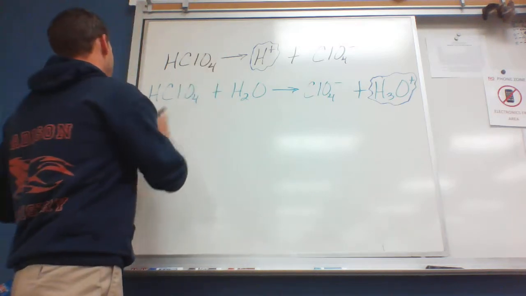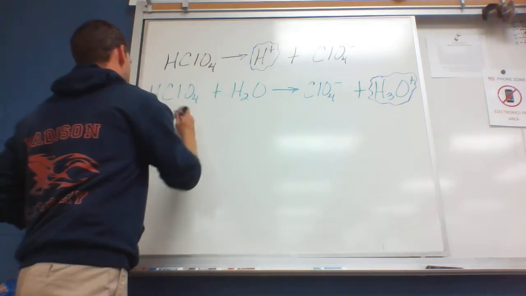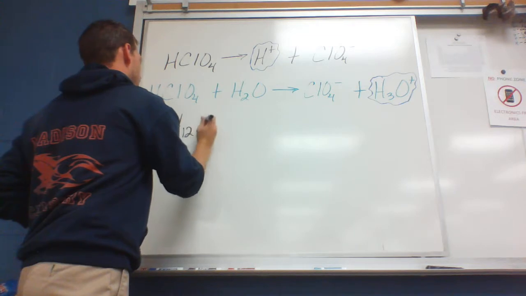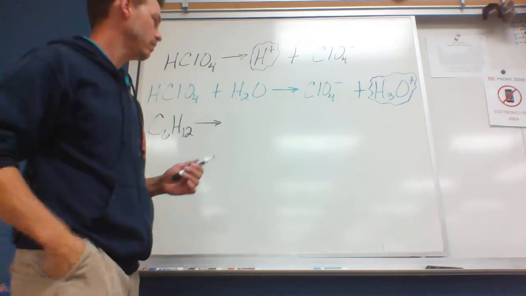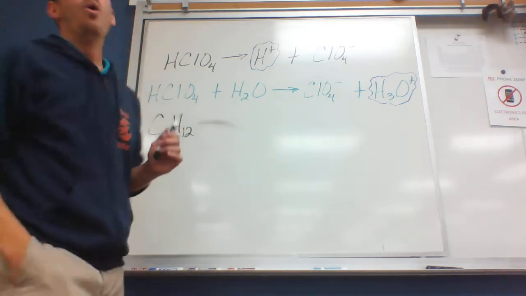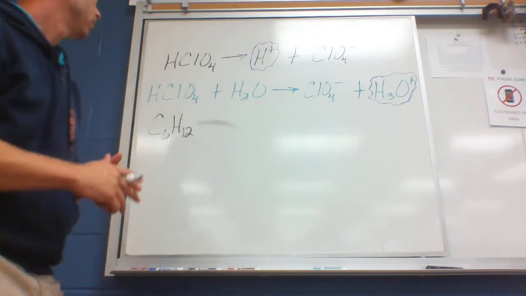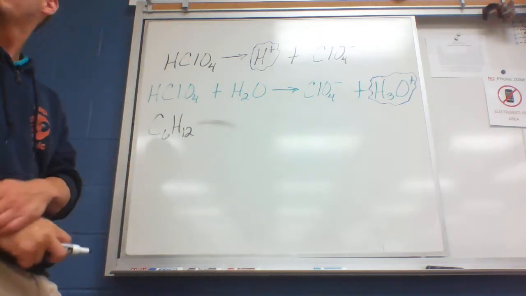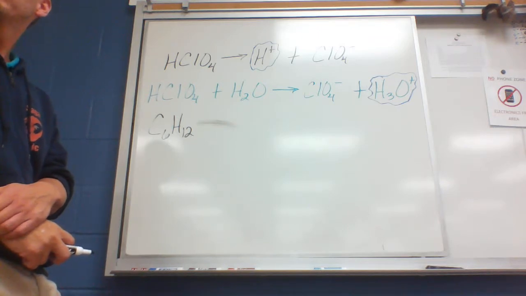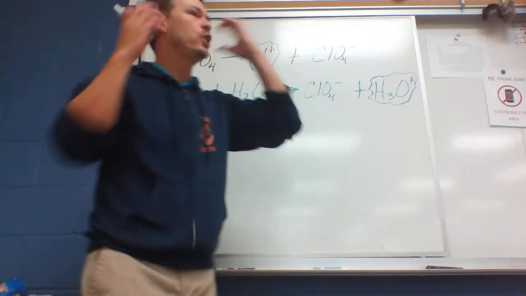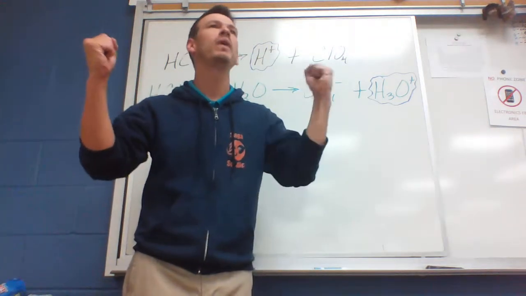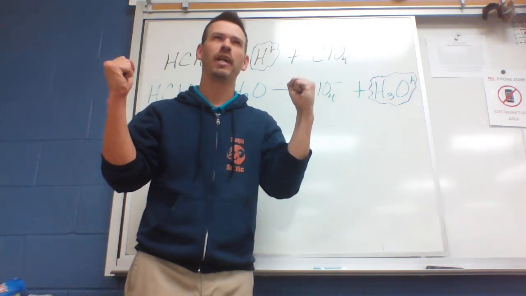All right, C6H12. What type of arrow should we add there? Equilibrium. Yeah, they yield the equilibrium. Now, while I've gotten y'all all wrapped up in strong versus weak, what's the third kind of electrolyte?